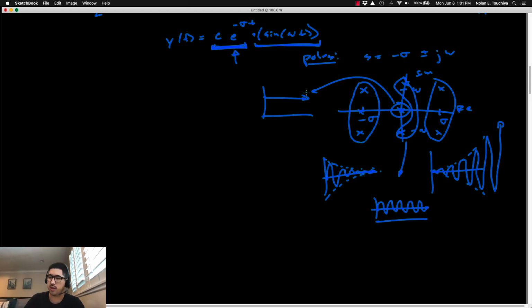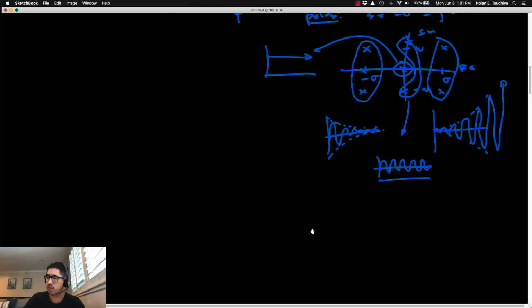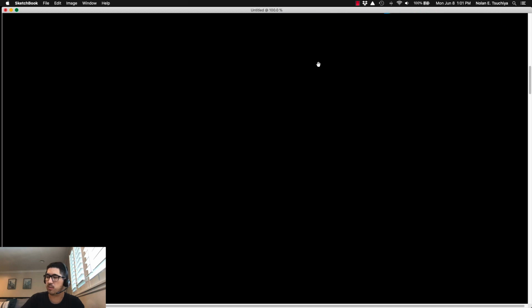There's one little hiccup to that argument, which comes when you look at a system with repeated poles on the imaginary axis. This is the only little hiccup to this definition.